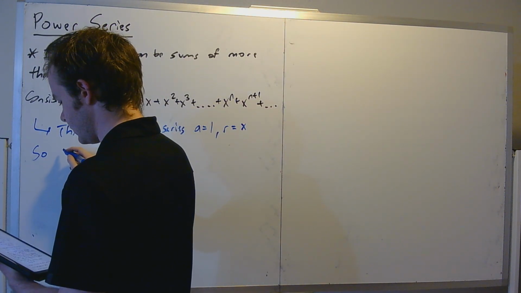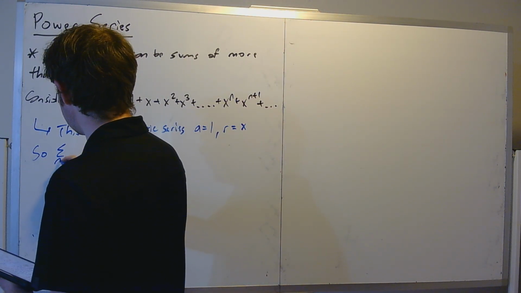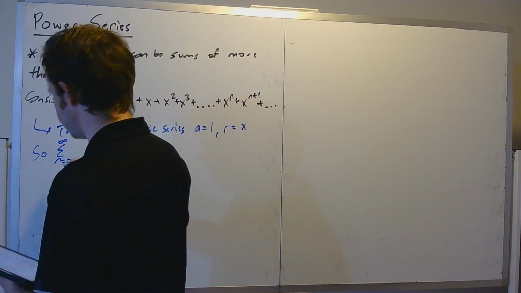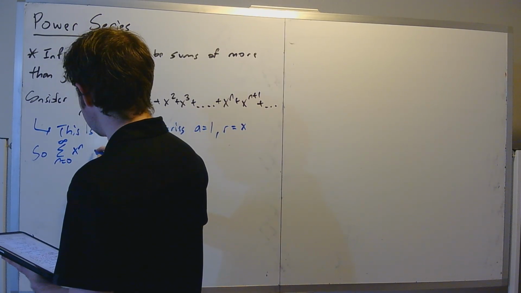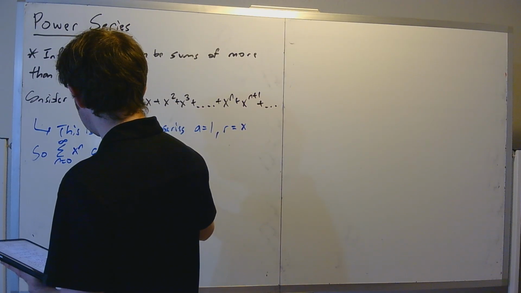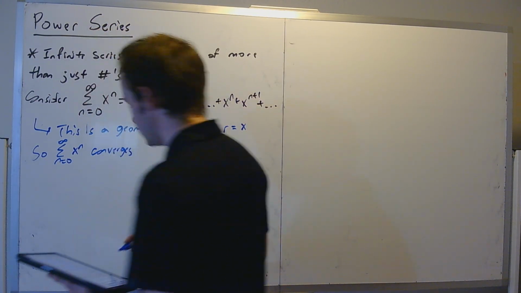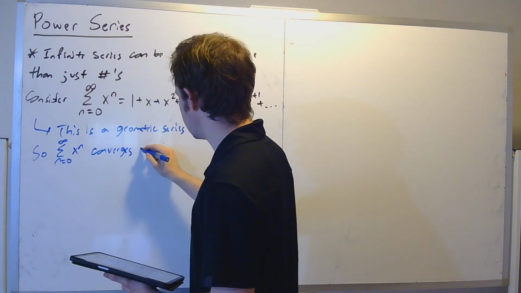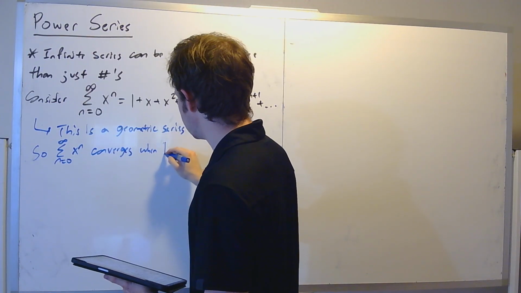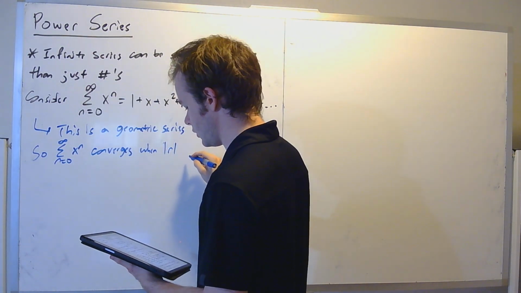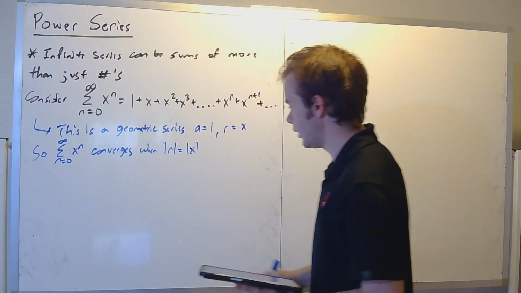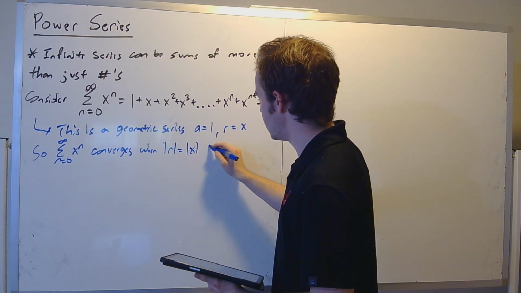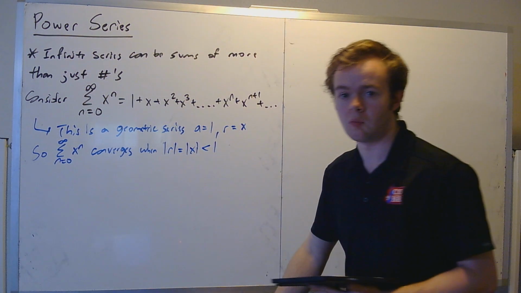Okay, so we'll say here that the sum from n equals 0 to infinity of x to the power of n converges. Right, this is a geometric series, so it converges when the absolute value of r, which is the same thing as the absolute value of x, since we said r was x, is less than 1.